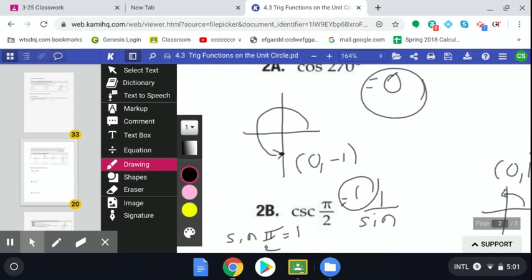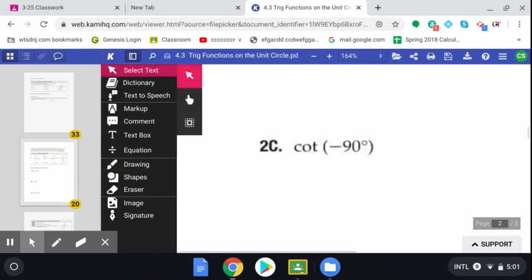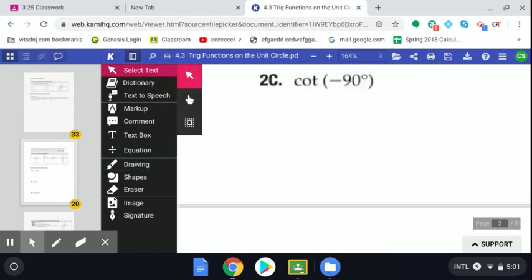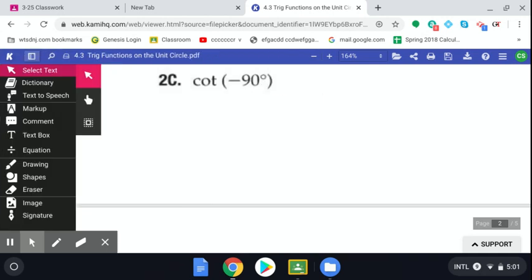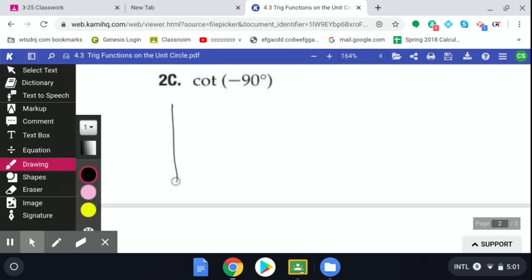Okay? Moving on. How about cotangent negative 90? Now negative 90 would be the same as positive 270, right? Because we're going clockwise. So negative 90 would be over here. For this point, cotangent would be the reciprocal of tangent, right? Tangent is y over x.